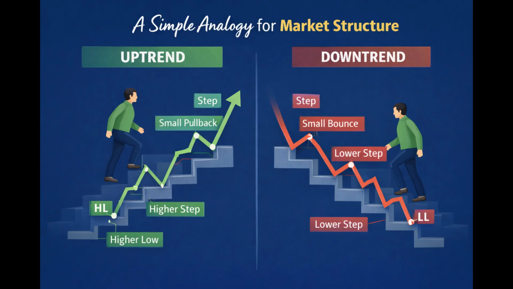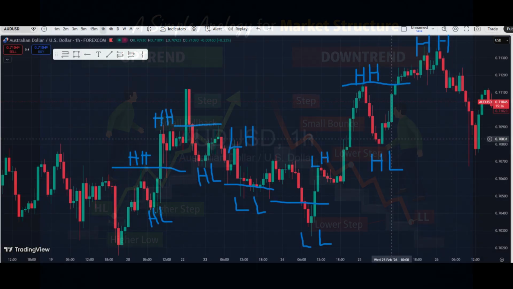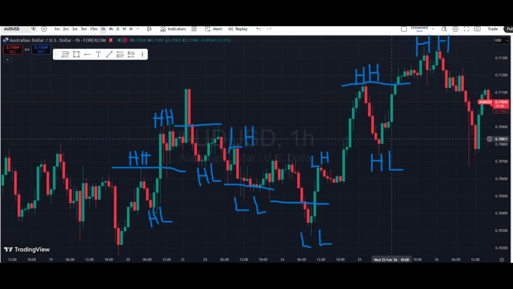Practically, I will say this: go to your chart, open your charts, and mark the recent swing highs and the recent swing lows. Then ask yourself this question: did price break above the last high? That's bullish.